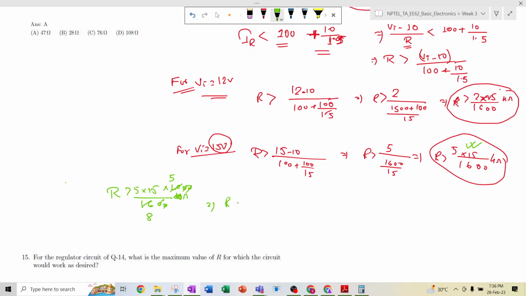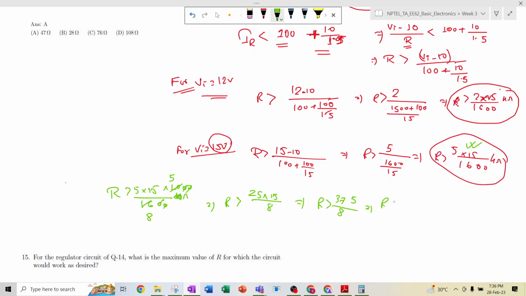So R should be greater than 25 into 15 divided by 8, that is 375 divided by 8.